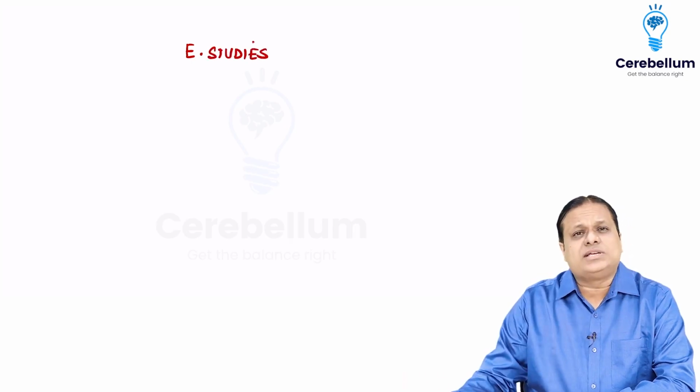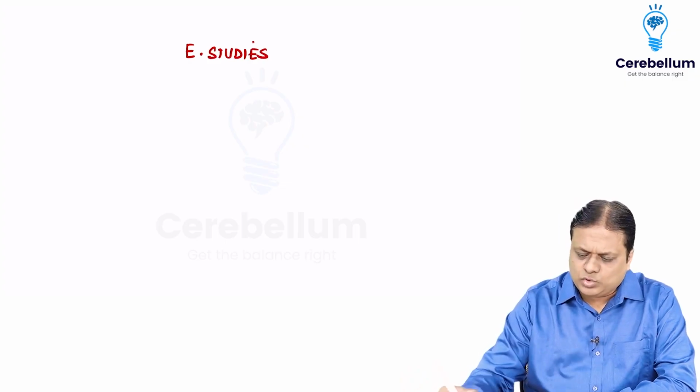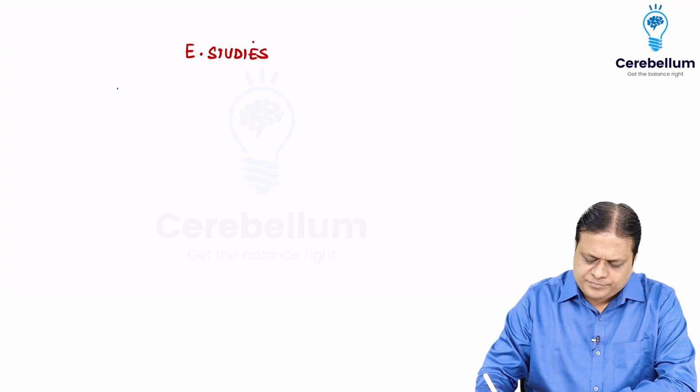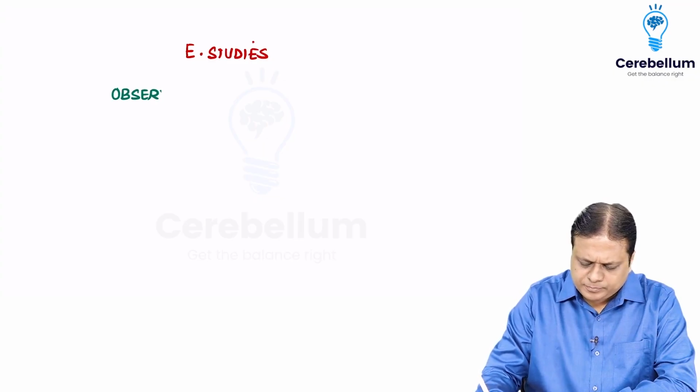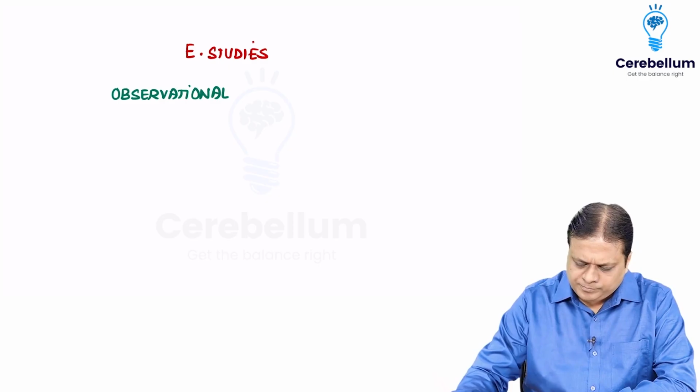Now, epidemiological studies are broadly divided into two groups. These are observational studies and experimental studies.